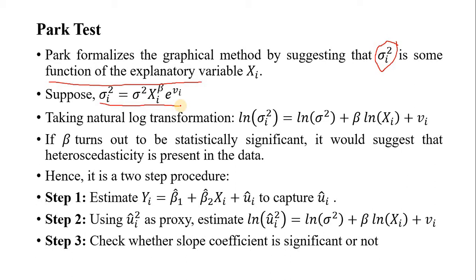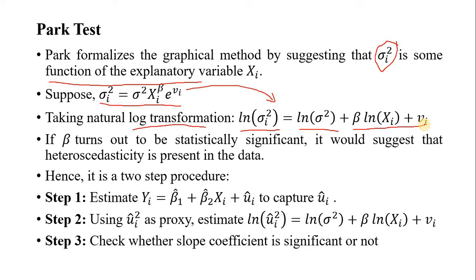So we have to take a log transformation of this model. When you transform this model into a logarithm, ln sigma i square is equal to ln sigma square plus beta ln xi plus vi.